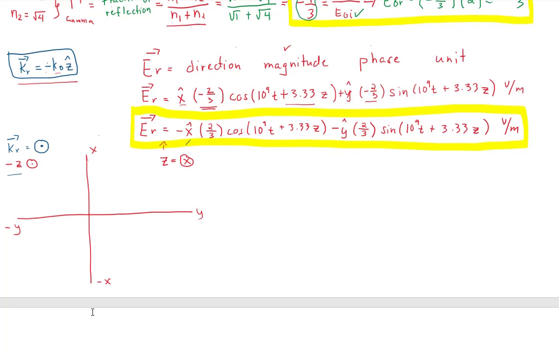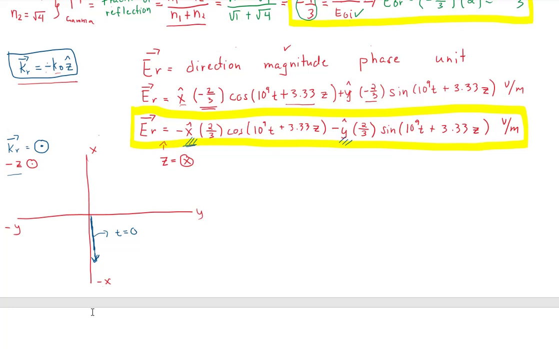Next, we look at this term, and this term. So what does that tell us? Well, that tells us that initially E sub r, or E reflected, is resting along the negative x direction. So that is our t equals 0, from the first direction.